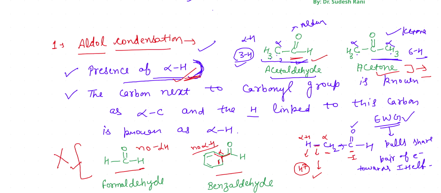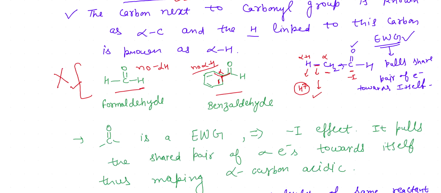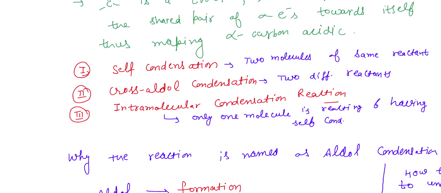Then moving to the next part, there are three types of condensation reaction. One is the self-aldol condensation reaction. So what is happening in self-condensation?